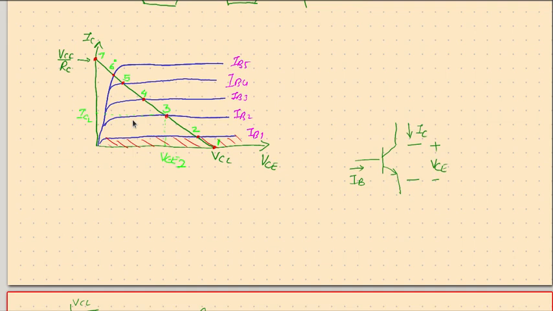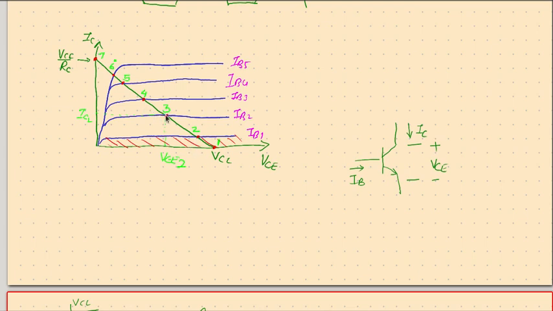After looking at details about amplifier regions of operation, now it is time to see how to fix the operating point on the desired point on the load line.